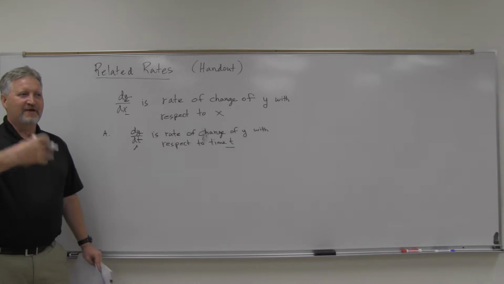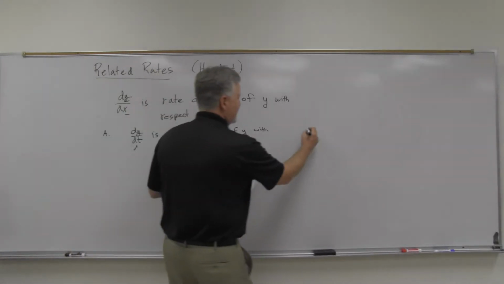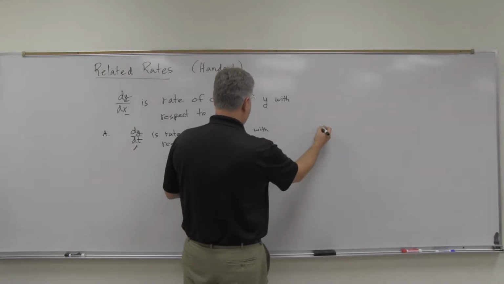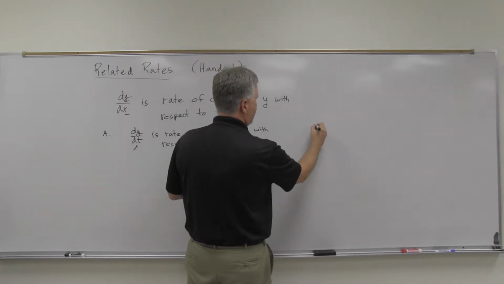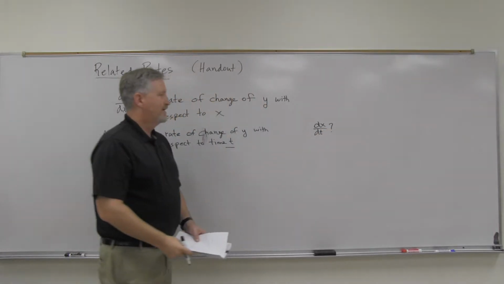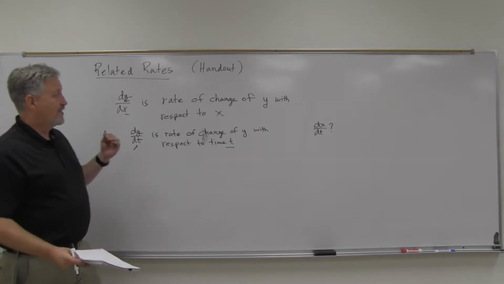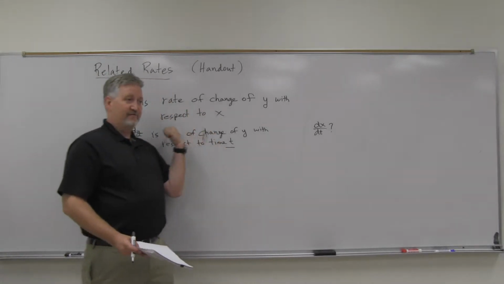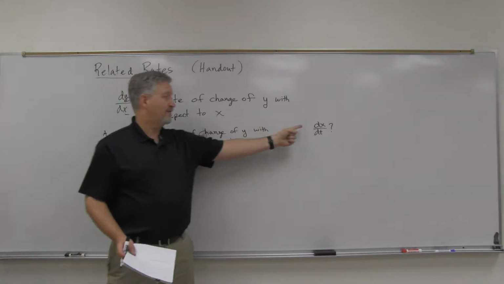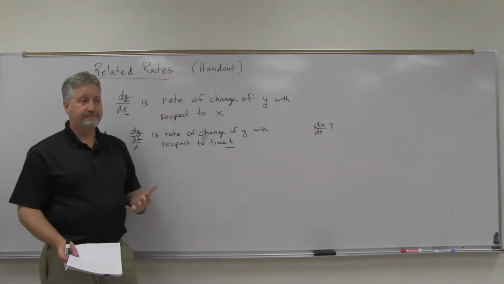Now, what that also means is, my second question there, what about dx over dt? Yeah, so that's also going to be kind of a switch here, in that not only are we going to be doing the derivative of y with respect to t, but we're also going to be doing the derivative of x with respect to t.